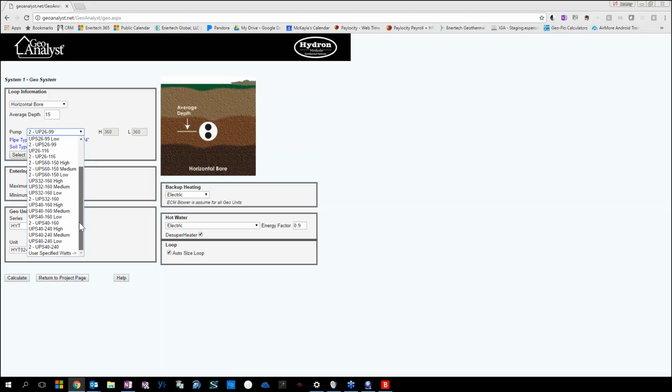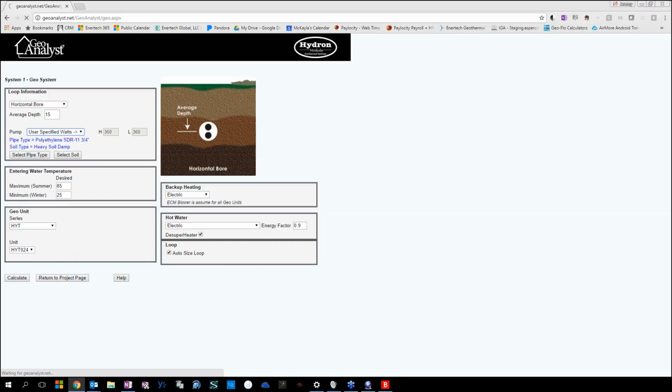I'm not sure if a lot of people know this exists, but I know the GeoAnalyst is one of the only programs that allows you to go in and input your specific pump for this project. Usually it doesn't make that big of a deal, but if you're on an open loop, keep in mind you could go down to user specified watts. That gives you an opportunity to actually input the wattage from a well pump.